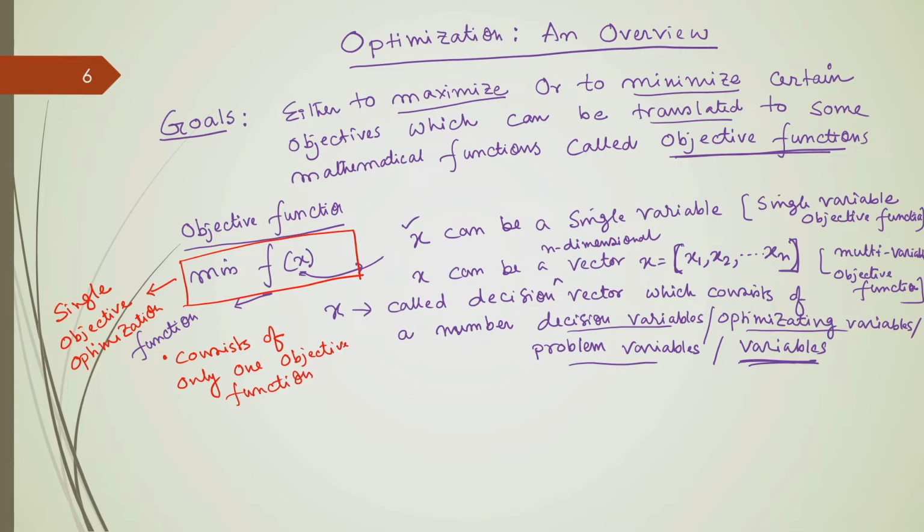Now, it is also possible that we have multiple objectives in an optimization problem, and for those problems having multiple objectives which conflict with each other, we call them multi objective optimization problems.